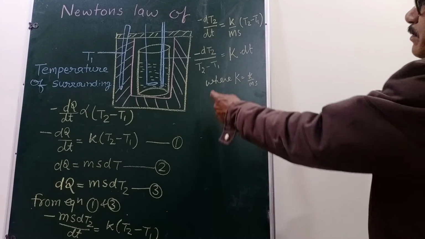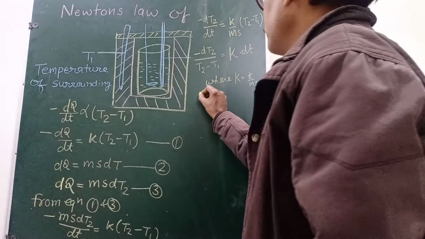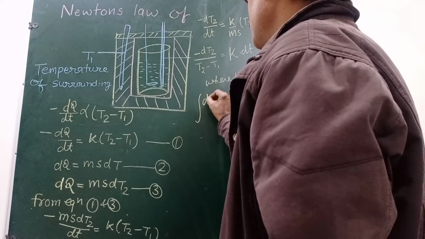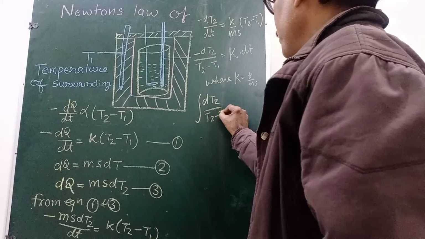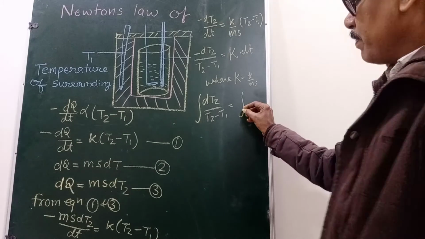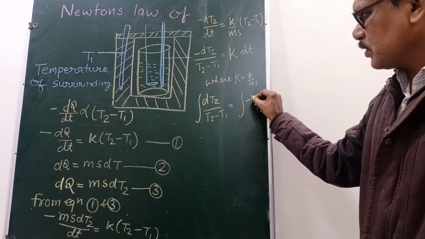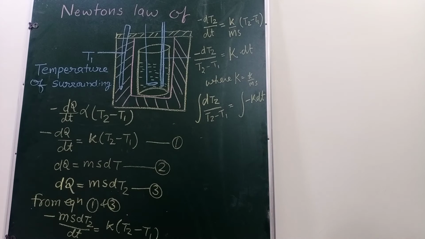Then this minus sign you can bring here or let it be there, and then integrate: the integral of dT2 upon T2 minus T1 is equal to the integral of minus K dt.